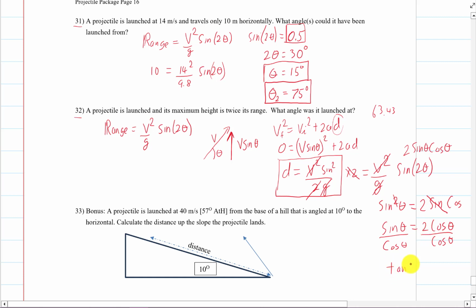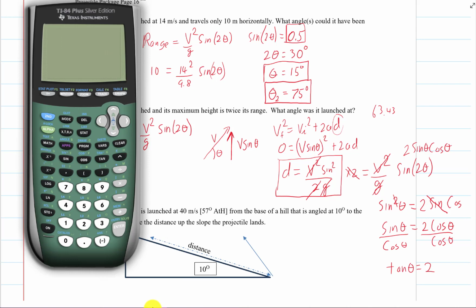That's the tangent of theta is equal to 2. Inverse tan of 2, 63.43. Very good.